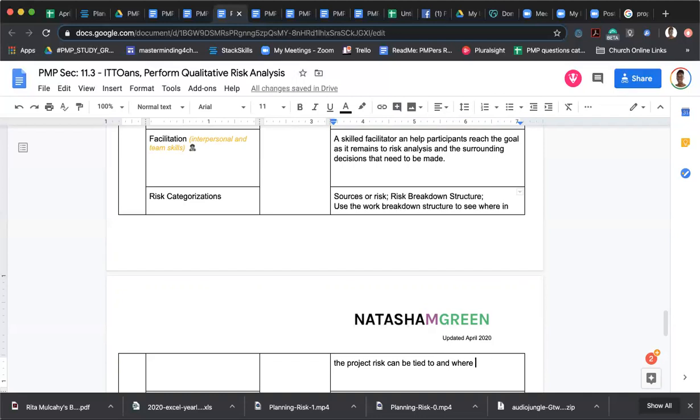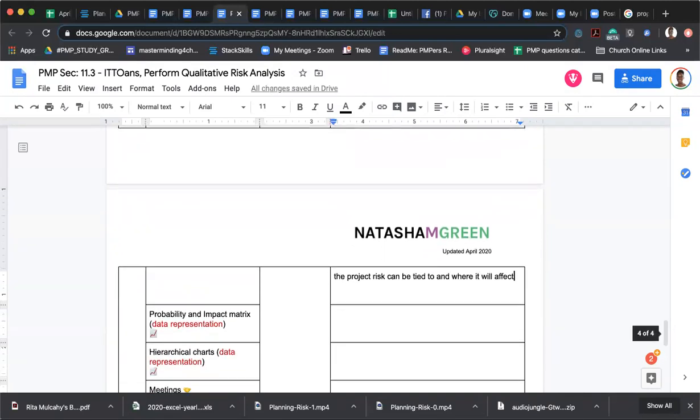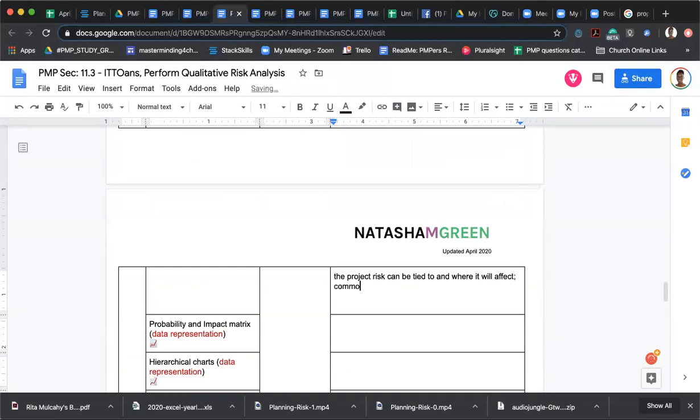We could change this a little bit later. Okay, so that might be something to keep in mind. And common root causes can help categorize risk.